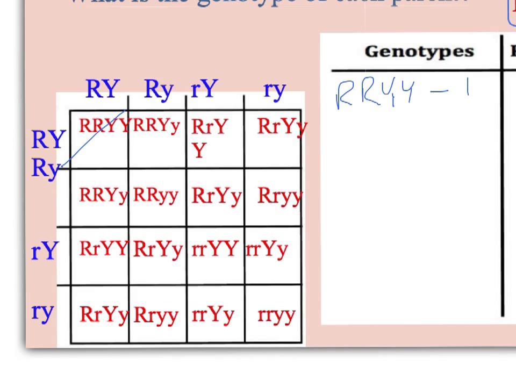And I'm going to put that I have one. My next box is big R, big R, big Y, little y. So I know I have that one. I have that one. And those are the only two that I see. Okay, my third box, I have big R, little r, big Y, big Y.